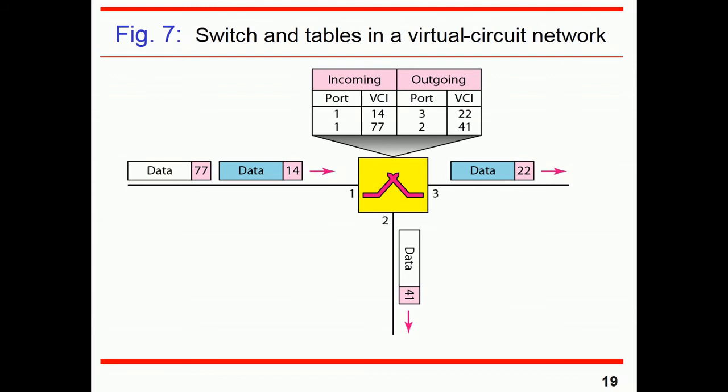In this, there are data packets, and there are different virtual circuit identifiers in different data packets. Incoming and outgoing ports are used. All this data is prepared and maintained in a table, and that table is used for finding the routing decisions.